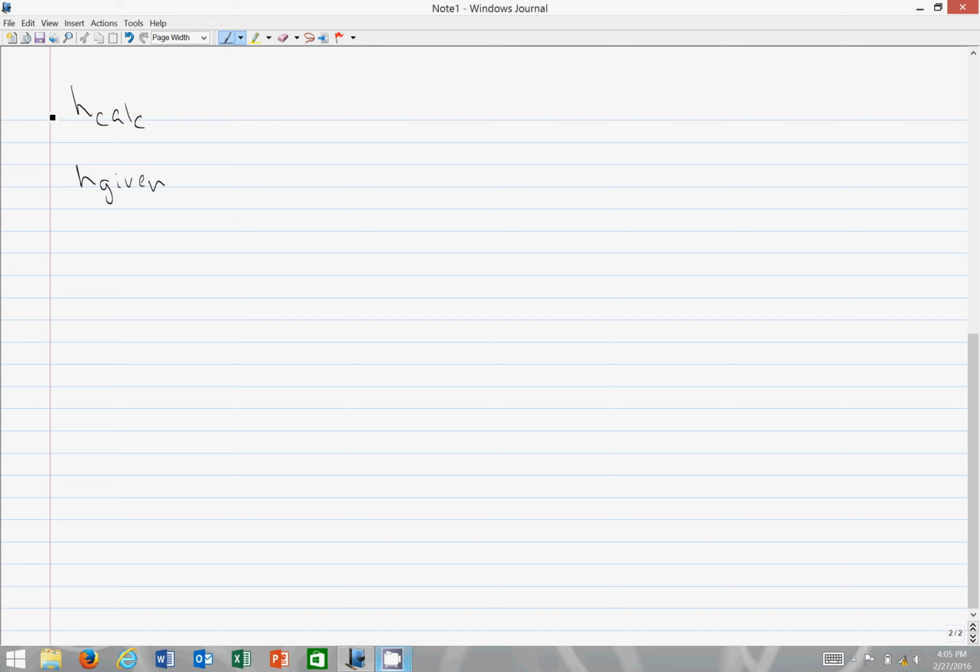It's the same number. Now, to compare these two numbers, I want to use this formula here. My h calculated minus my h given, absolute value of that number divided by my h calculated, times 100.